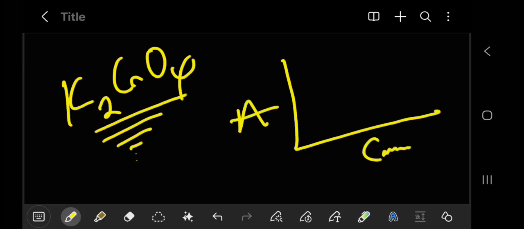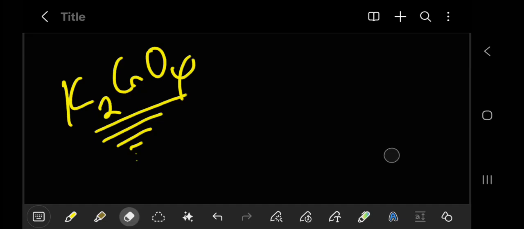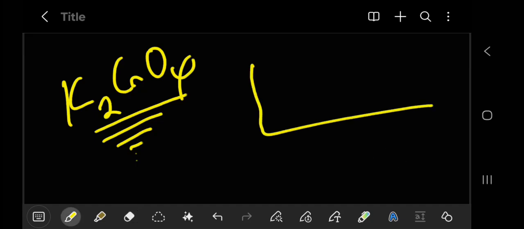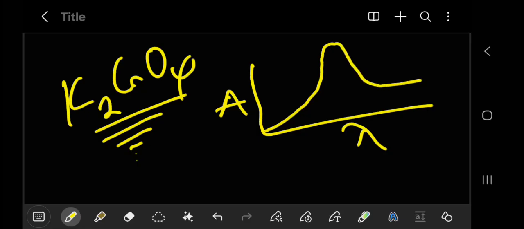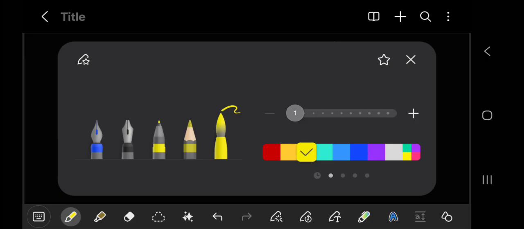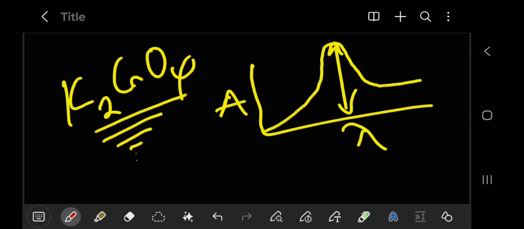First off, you're going to have this graph of absorbance against wavelength. This graph will give you the maximum wavelength of absorption, and this maximum wavelength is called lambda max.